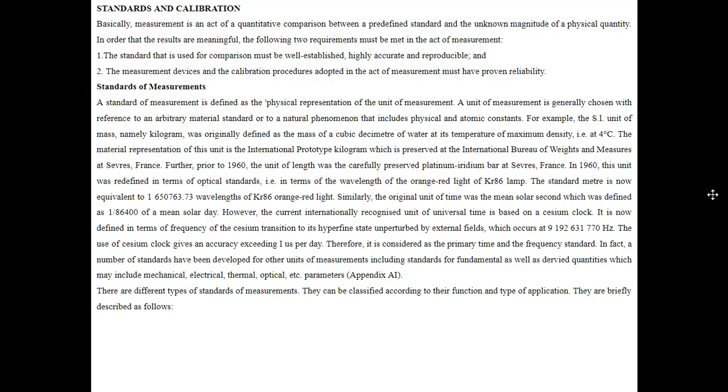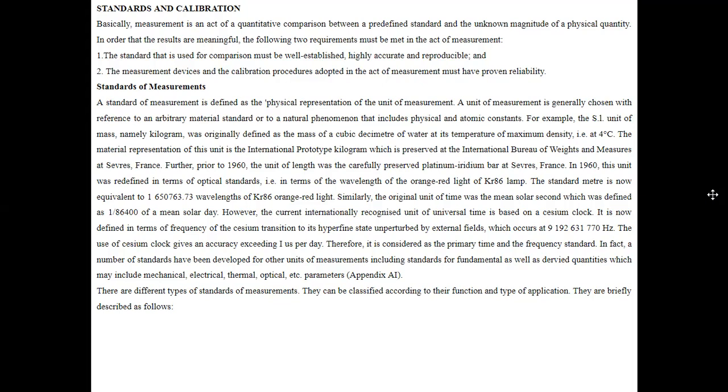For example, the SI unit of mass, namely kilogram, was originally defined as the mass of a cubic decimeter of water at its temperature of maximum density, that is at 4 degrees Celsius. The material representation of this unit is the International Prototype Kilogram, which is preserved at the International Bureau of Weights and Measures at Sèvres, France.